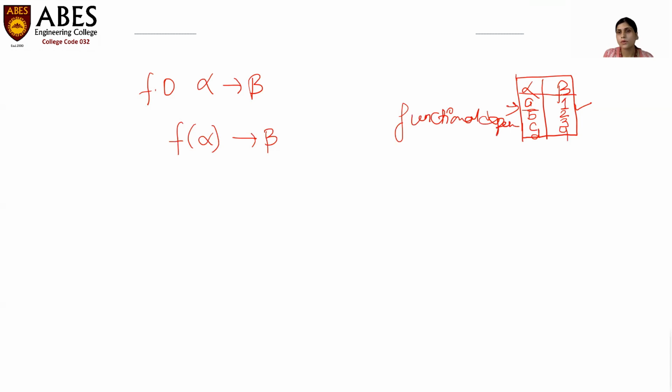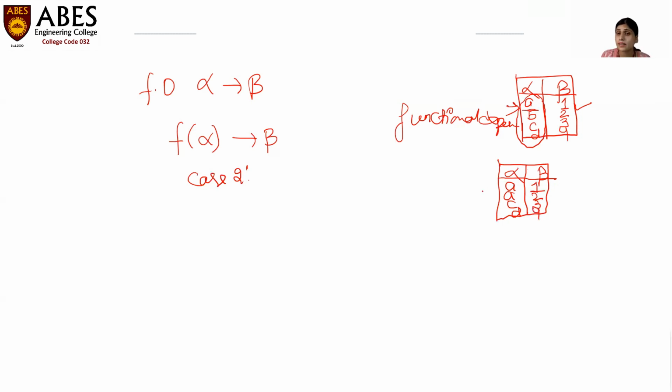However, in this scenario, all the values of alpha are different. Let's consider a second case. This is again a table with two attributes alpha and beta, where the values of alpha are A, B, C, and D, and correspondingly the values of beta are 1, 2, 3, and 4.